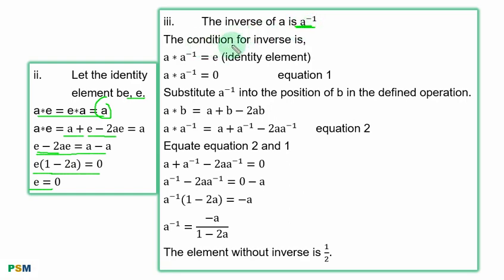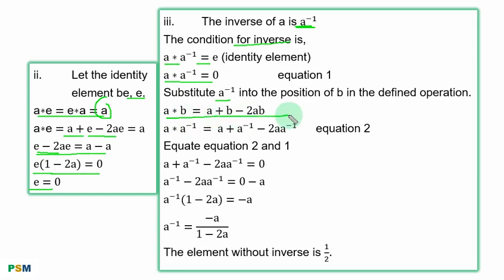The condition for inverse is a * a inverse is equal to the identity element, and that element is 0 from the previous solution. So you have this as equation 1. To proceed, you have to replace b with a inverse in the defined operation.